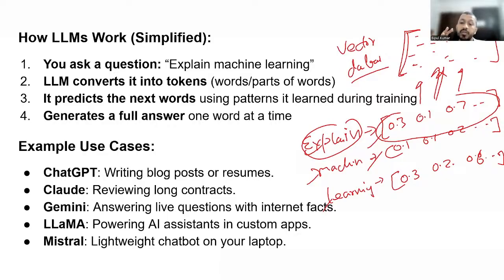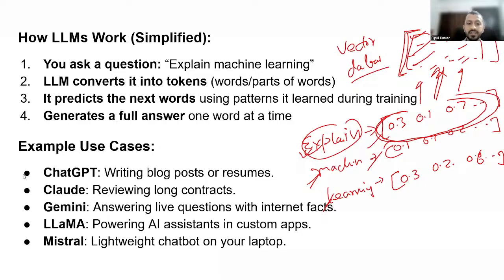Then it tries to find the most relevant answer by comparing closeness, like how close these vectors are to the words that exist over here. Based on that, the model is trained to find the specific area in the vector database which is very close to these words. And based on that, it will frame your answer and give it back to you, right?